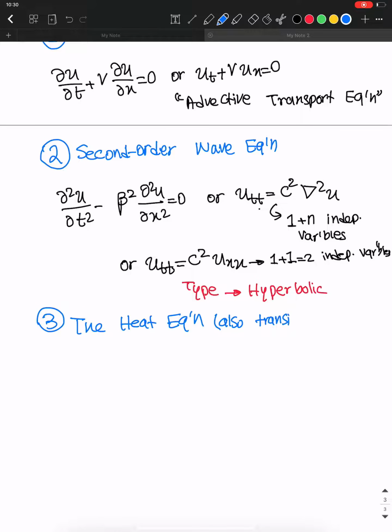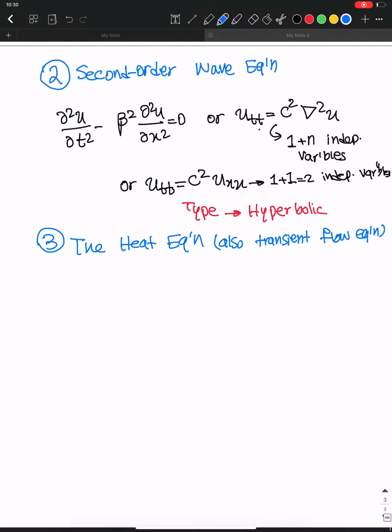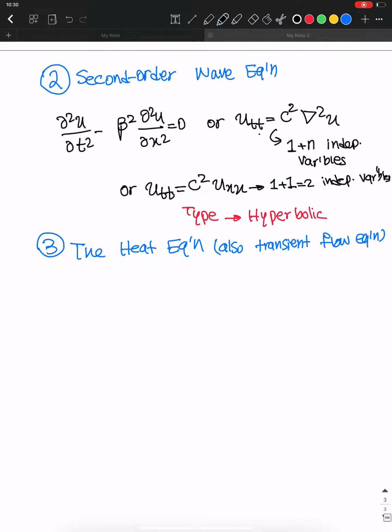It is also known as the transient flow equation. One form of it in one dimension is dh over dt minus d square h over dx square equals 0. This is first order in time, and this is second order in space.